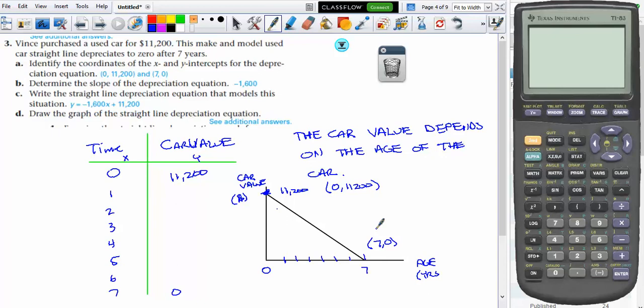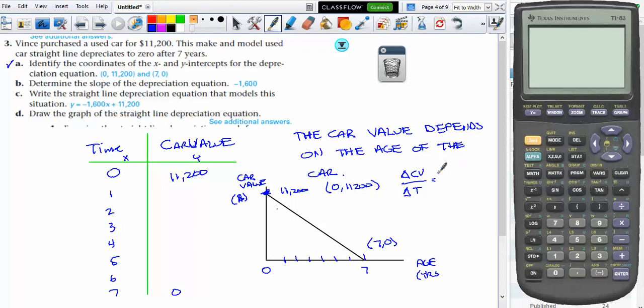So let's see, we took care of A. Rise over run is slope. So I'm looking at this. It is the change in the car value over the change in time.